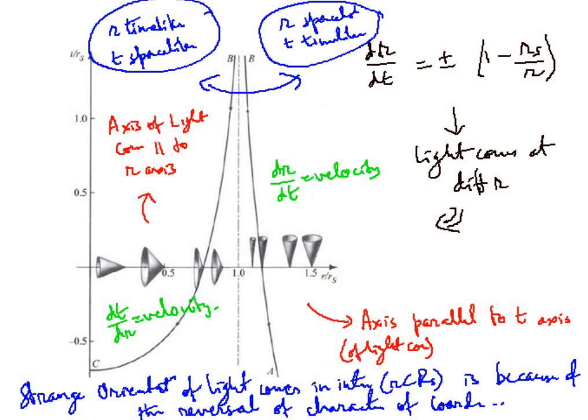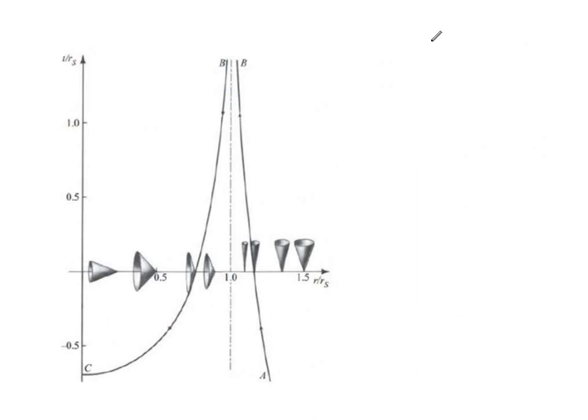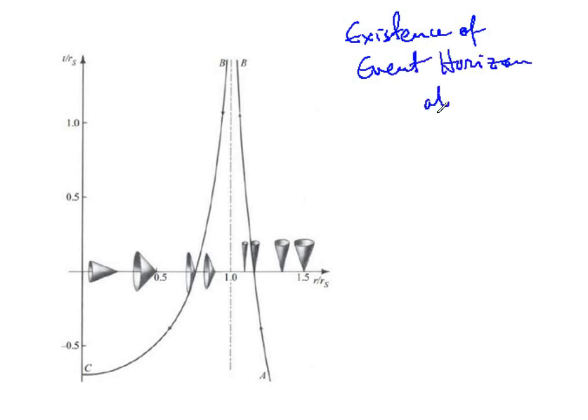So, okay. Now you see, the existence of the event horizon at r equal to rs is obvious from the inspection of the light cones. Any kind of signal must necessarily travel in the space-time direction that lies within the light cone.